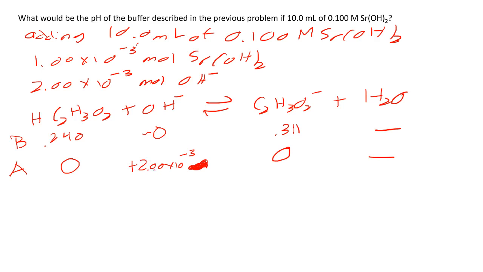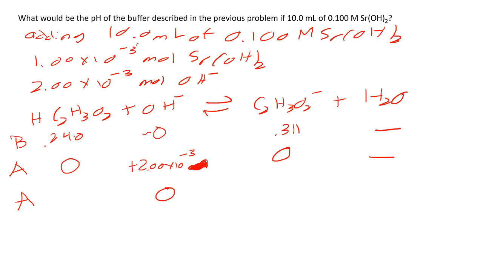We added hydroxide. Since we added hydroxide, it's going to react with the acetic acid. Remember, we're not going to have just free hydroxide floating around while there's an acid present, because our base is going to want to react with our acid. So the second A in our BAA table stands for after addition. All our hydroxide is going to be used up, so we're not going to have any left over. And since it's a reactant, all the reactants have to decrease in moles, not just the hydroxide.